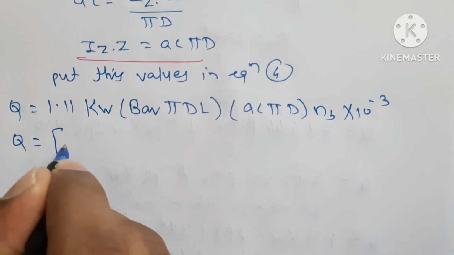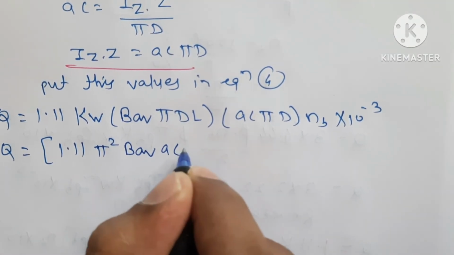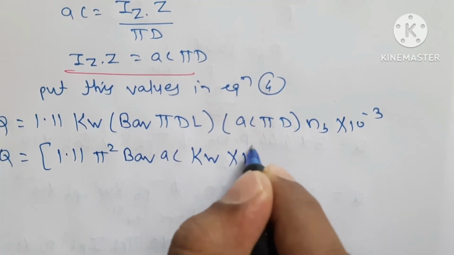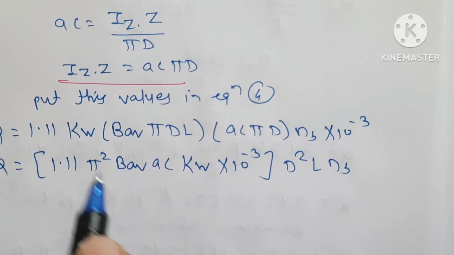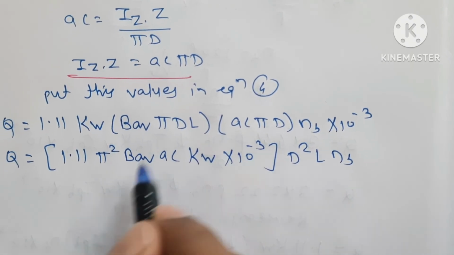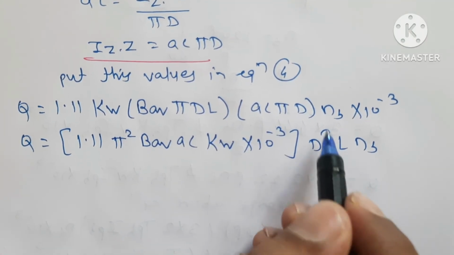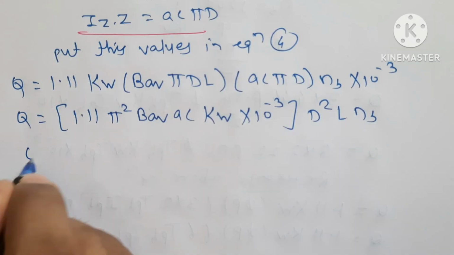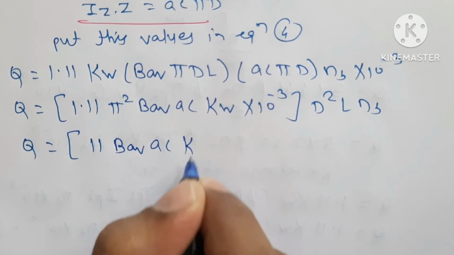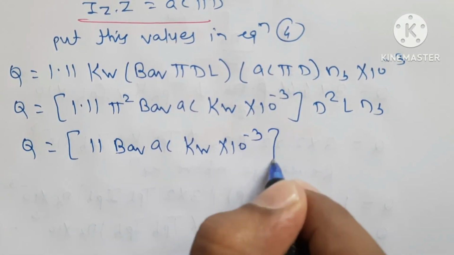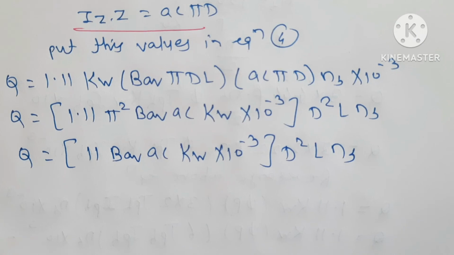Q is equal to 1.11 pi square BAV AC kW into 10 to the power minus 3 into D square L ns, which becomes Q is equal to 11 BAV AC kW into 10 to the power minus 3 into D square L ns. This 11 is pi square into 1.11, whose value is 11.